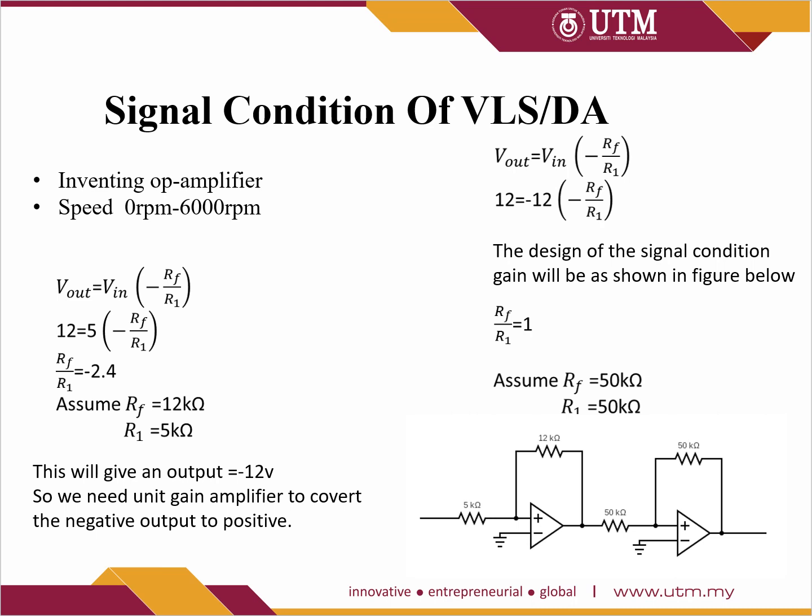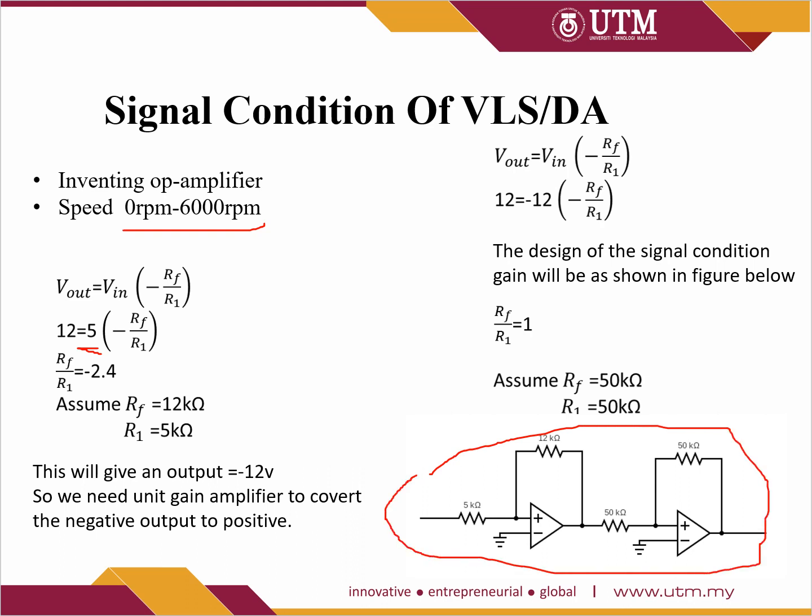Signal condition for the speed sensor VLS-DA: we have 6000 RPM, the range from 0 to 6000, and we also want to change the voltage. Here we have 5 volts, and we want to change it to 12 by using two amplifiers.